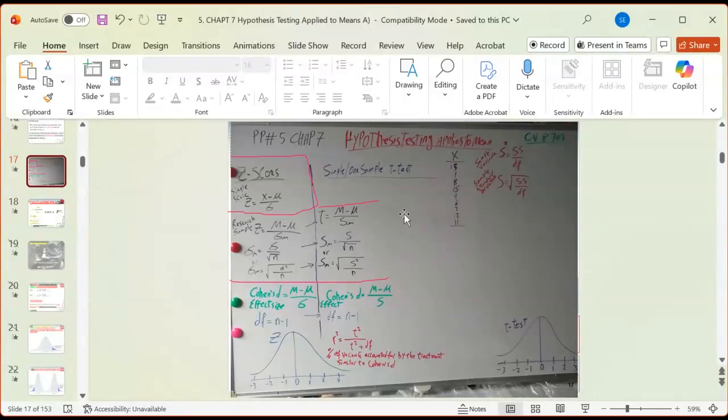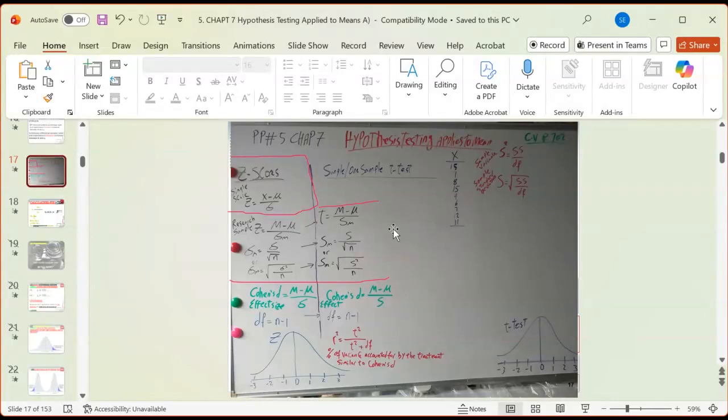So the difference between those goes in the numerator, and the denominator, back to the z-score, is sigma M, standard error. Again, for the t-test, it's s_M. It's the same thing, a standard error, but we call it estimated standard error. Some people don't even say estimated standard error, but that's what it is. The left Z uses standard error, but this is estimated standard error.